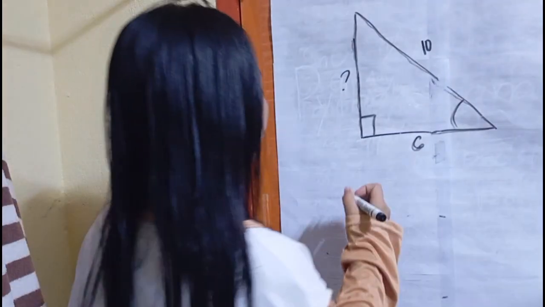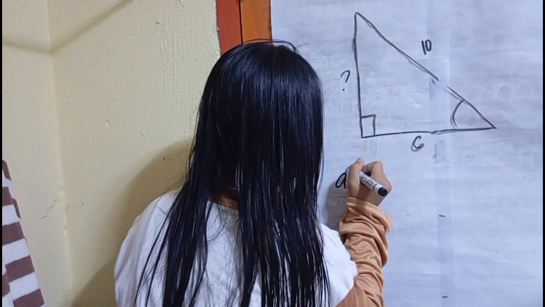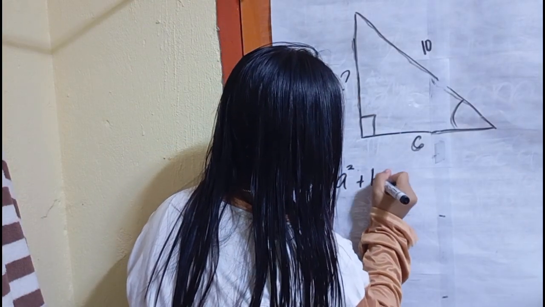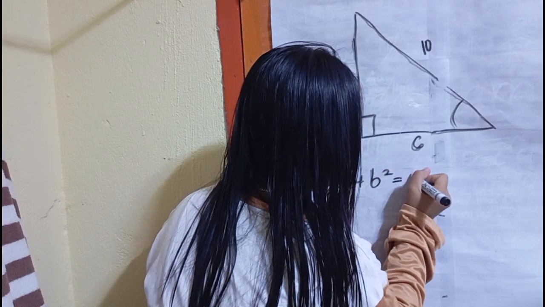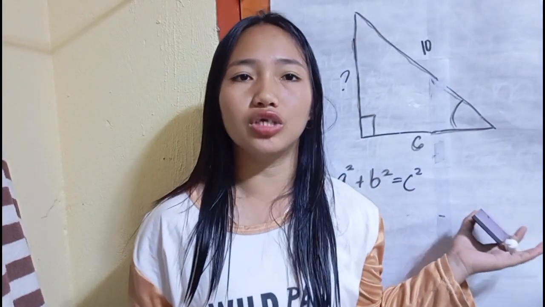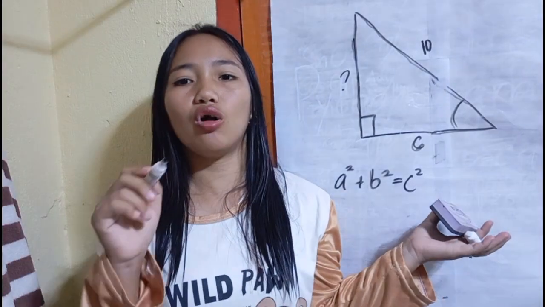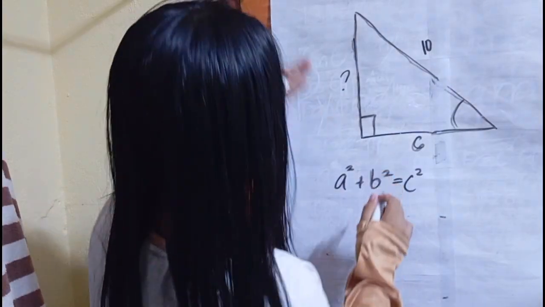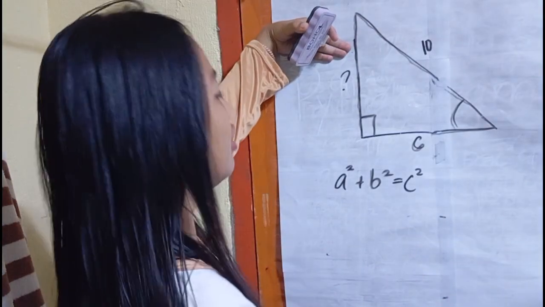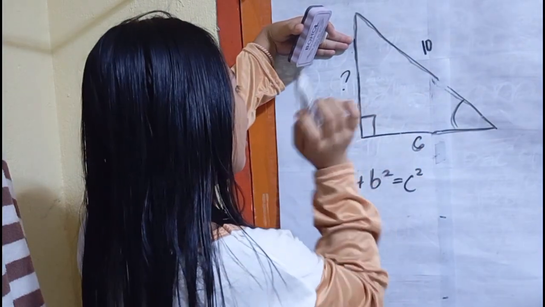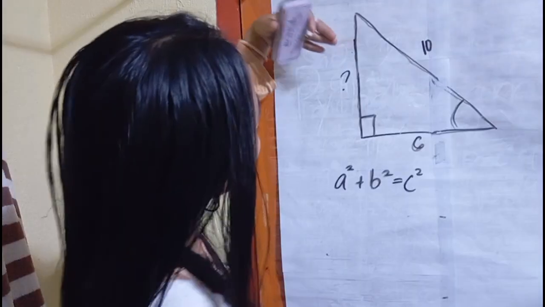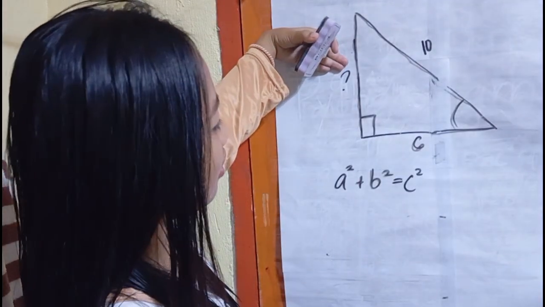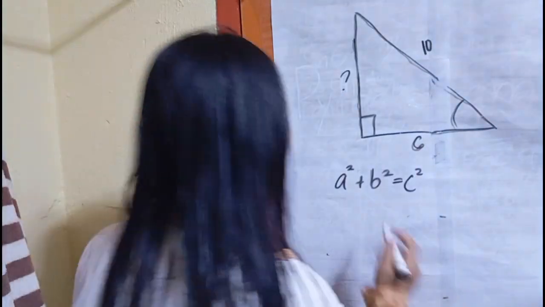So, write down the formula: a squared plus b squared is equal to c squared. Substitute the known values. Remember, c is always the hypotenuse. Since the opposite has no value, among the hypotenuse, adjacent, and opposite, what we write is the adjacent and the hypotenuse.